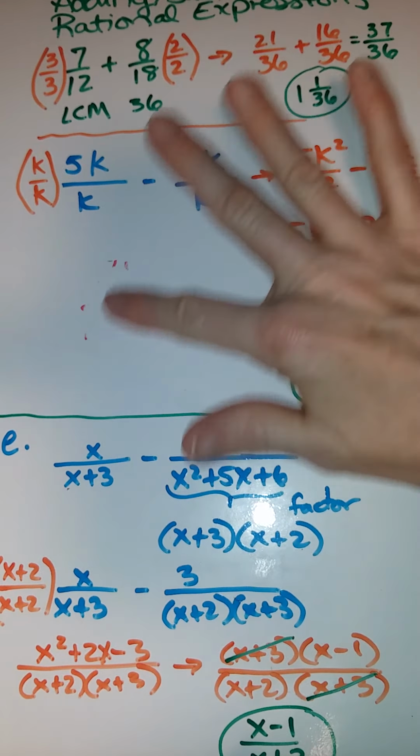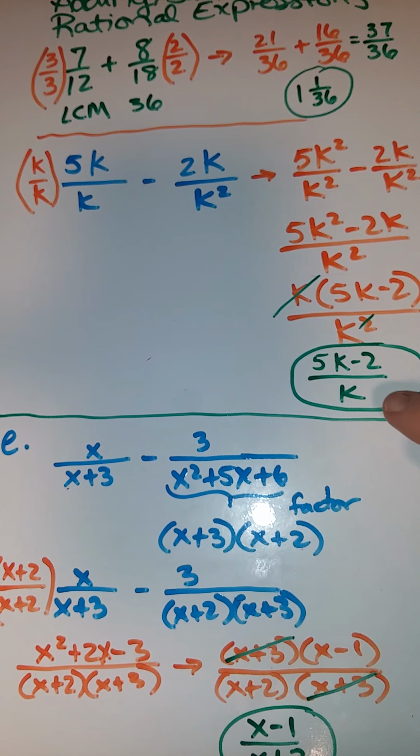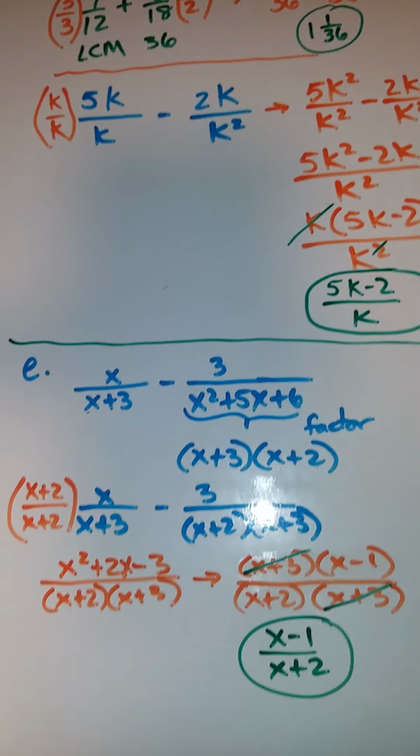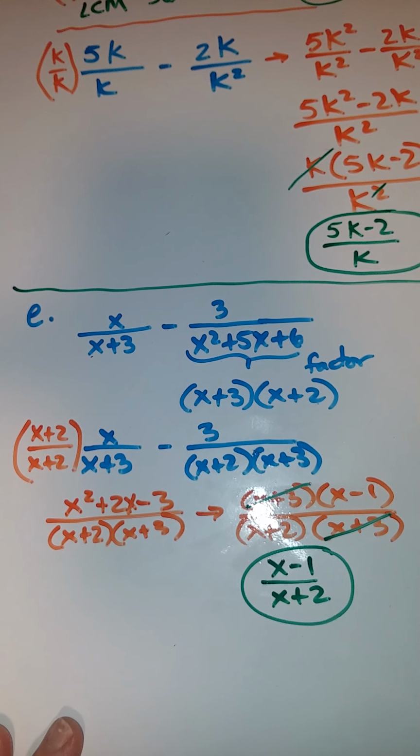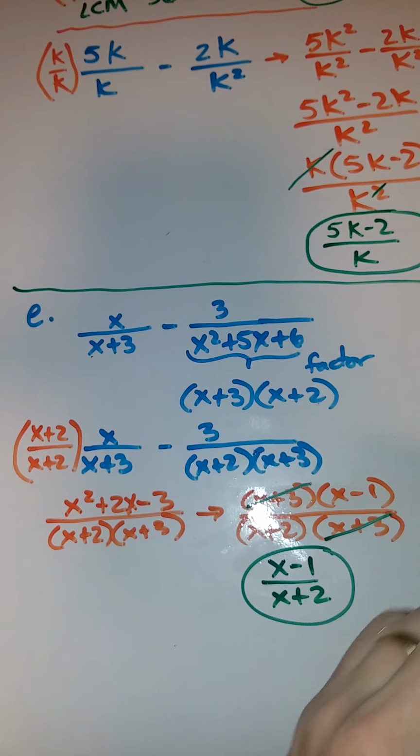We don't need to do anything about the 1 over k, so we leave the k right here. And then it's fully simplified with a smaller binomial of 5k minus 2 over k. And there's your answer.